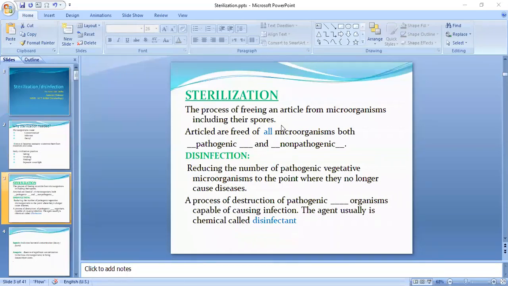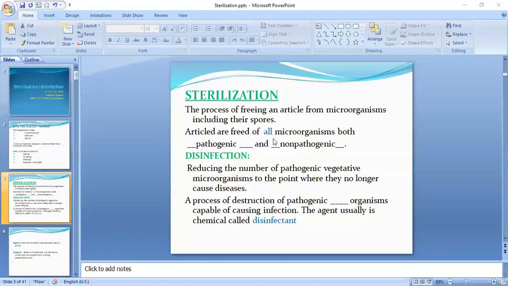Now the actual topic, that is sterilization. It is defined as the process of freeing an article from microorganisms, including their spores.